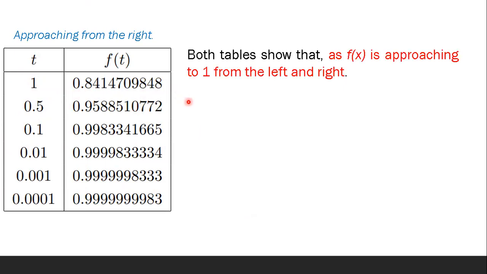And both tables show that as t approaches 0 from the left and right, f of t is approaching 1. So in stating it, as t approaches 0, f of t is approaching closer and closer to 1, and that's for both from the right and from the left.